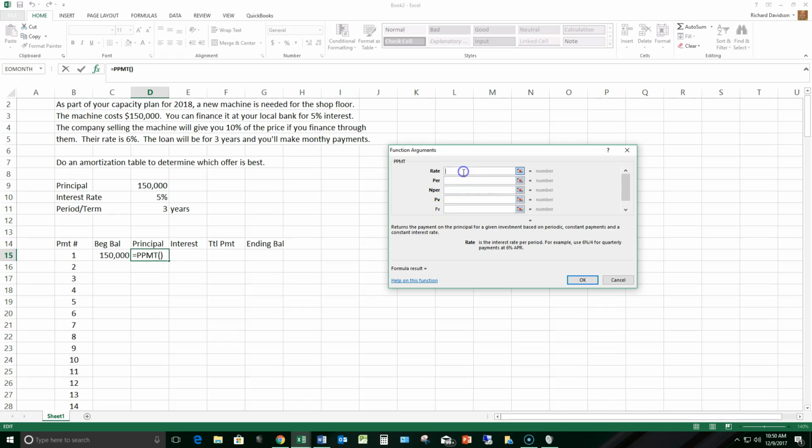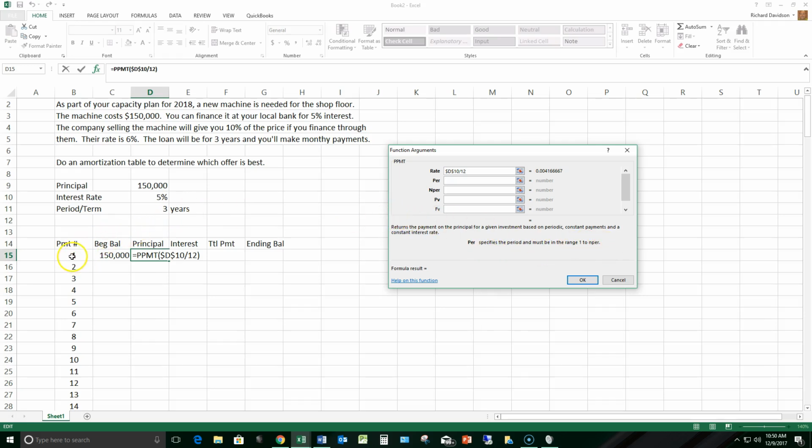All right. So the rate is the interest rate per period. We know our rate is 5% annually, but we have to divide that by 12 to make it a monthly rate. And I'm going to go ahead and freeze the interest rate with the F4 command. The period number is the number of the period that we are in, from 1 to the total number of periods.